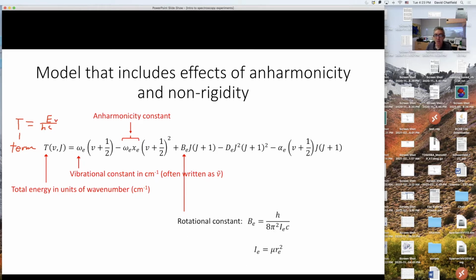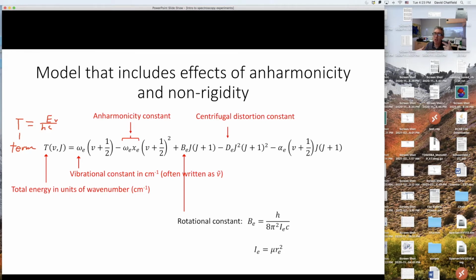The next term is the rotational constant term we saw before for rigid rotor rotation, and Be is the rotational constant. It looks like what we saw before, now divided by hc. The next term is for centrifugal distortion. What you have to have in your head here is that as the molecule rotates more quickly, the centrifugal force stretches it.